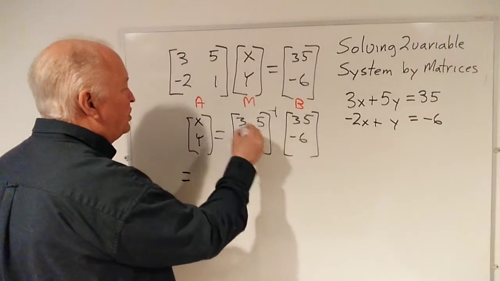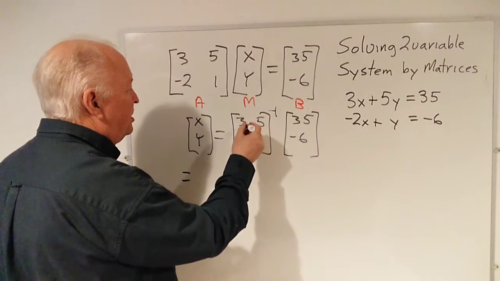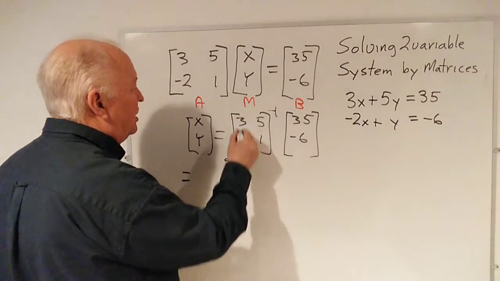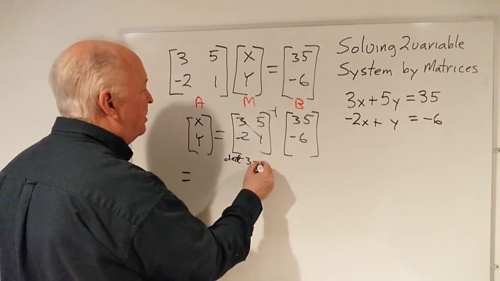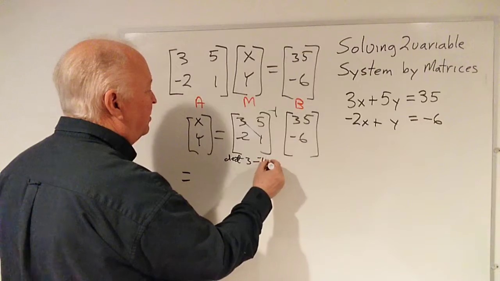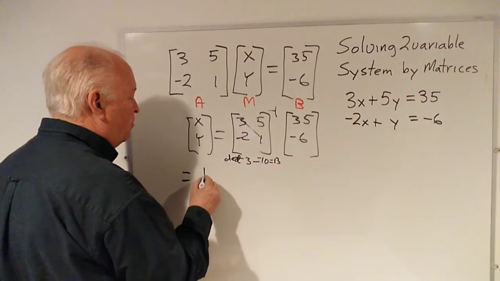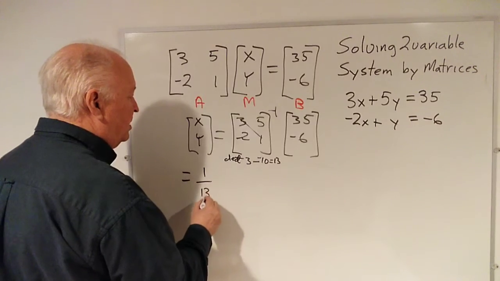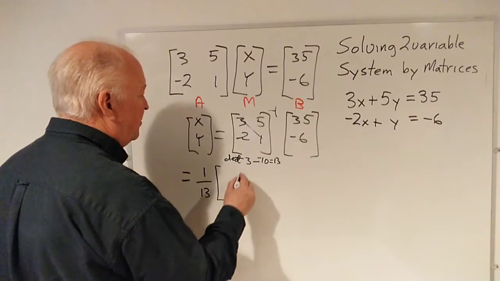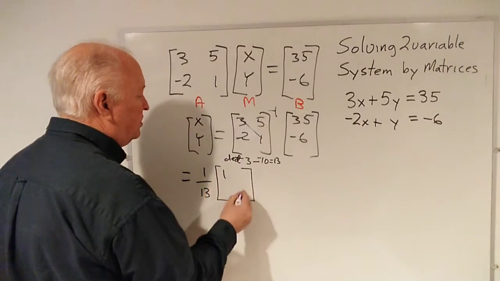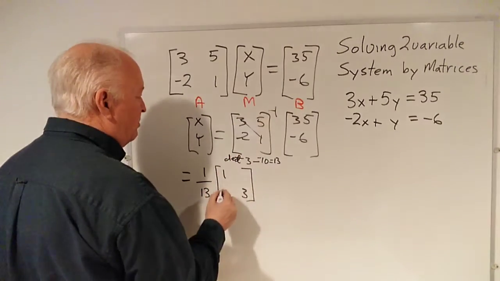The first thing I need to do is find the determinant. The determinant is 3 minus a negative 10, which is 13. So the inverse is going to be 1 over 13. Remember, we switch these two, and we make these opposite.